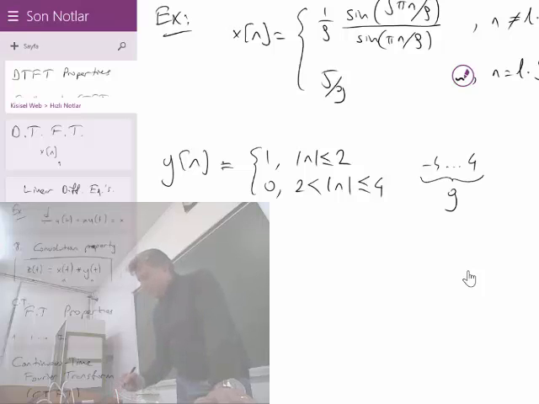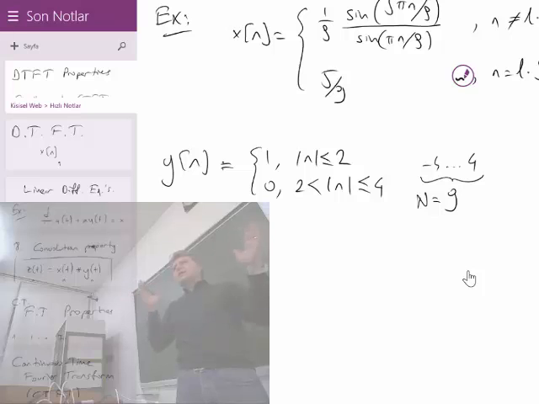Which is consisting of 9 items, and it is periodically repeating itself with a period of n equal to 9. So from minus 4 to 4, it's a rectangular box from minus 2 to 2. From minus 4 to minus 2, it is zeros. From 2 to 4, it's again zeros. And from minus 2 to 2, it is ones.